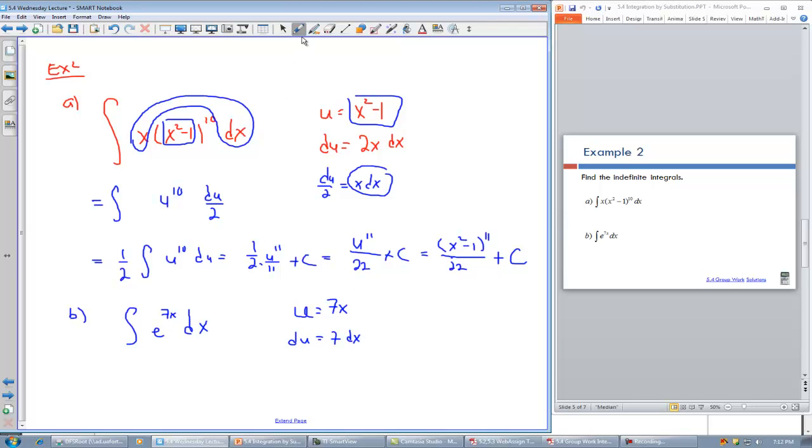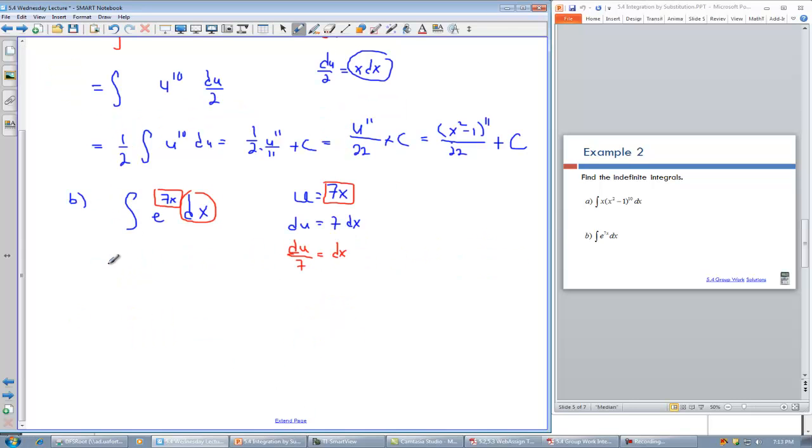I come back over here and identify my parts. That's going to be my u, that's easy, and then all I have left over is the dx part. I don't have dx over here, I have 7 dx, but that's okay because I can just divide both sides by 7. So du over 7 is dx, and I can plug in here. So this is the integral of e to the u, because that's 7x, and then dx is du over 7.